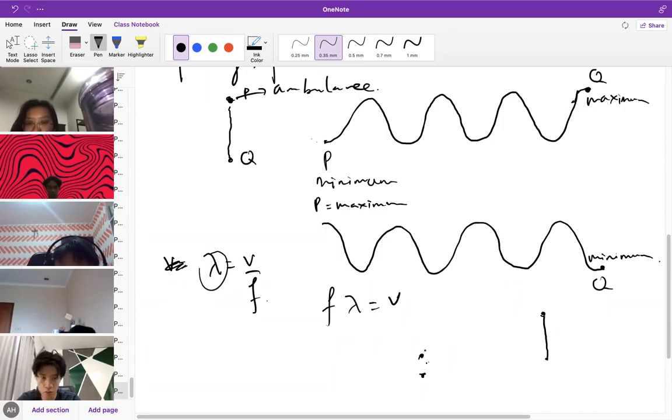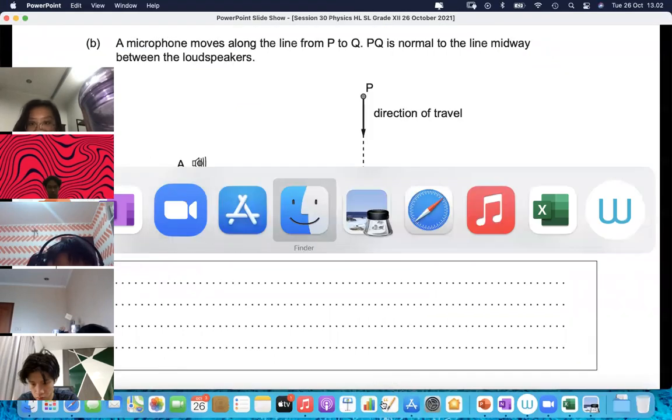Do you get it? Detected by this. The frequency that comes from the source doesn't change. But when there's a variation of movements, how to say it? See this as a series of maxima and minima. It's like light, diffraction.